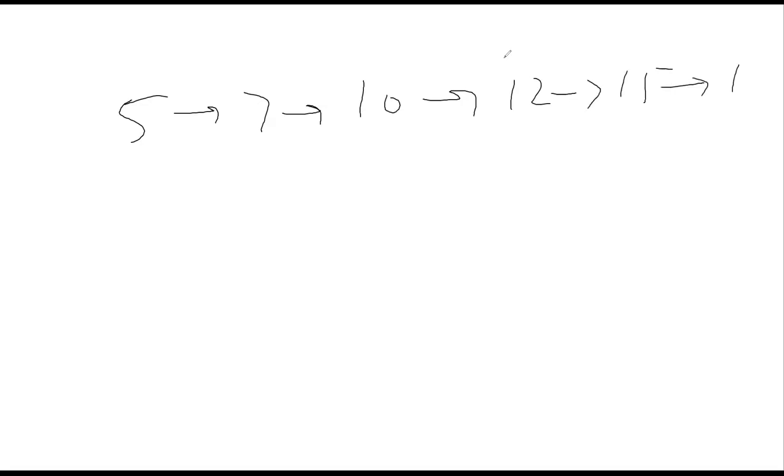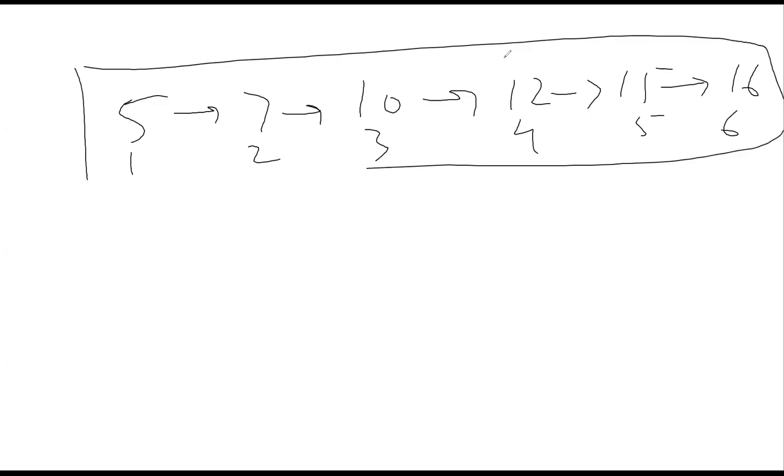let me just change the values. So 5, 7, 10, 12, 15, and 16. And these are indexes 1, 2, 3, 4, 5, and 6. So when I'm at this position, I'm trying to find the middle element for this one, right? Now I know it will be, suppose, 3.